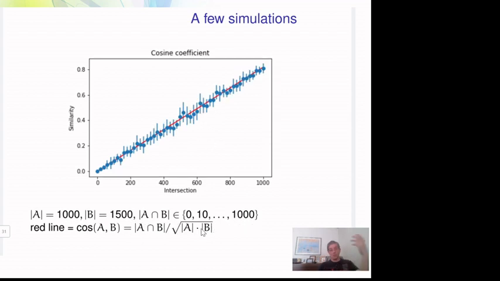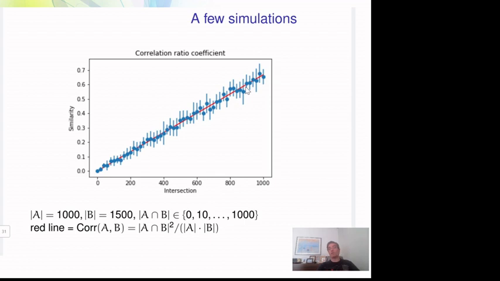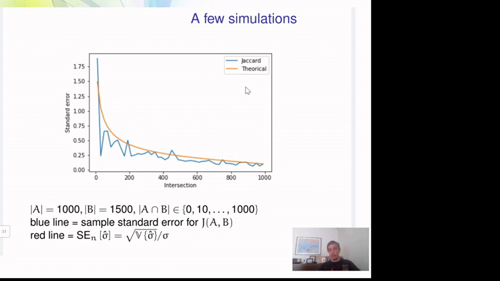Kulczynski 2, cosine also, for which we have no formal proof that it is an unbiased estimator. It seems that it is, and for the correlation ratio coefficient 2, we have also this kind of plots where we have plotted the theoretical value of the standard error, which is the standard deviation divided by the expected value, as given by a formula in our theorem and as given by the experiments, and there's a very good match between the two.